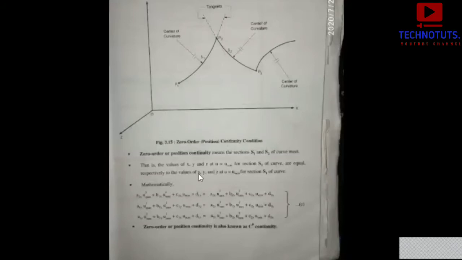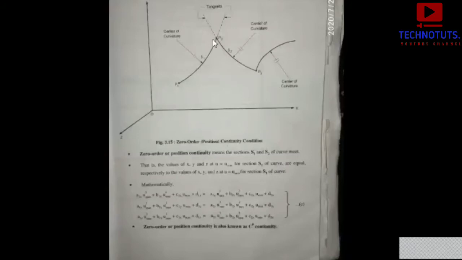That is, the values of x, y and z at u equal to u max for section S1 of the curve are equal to the respective values of x, y and z at u equal to u minimum for section S2 of the curve.